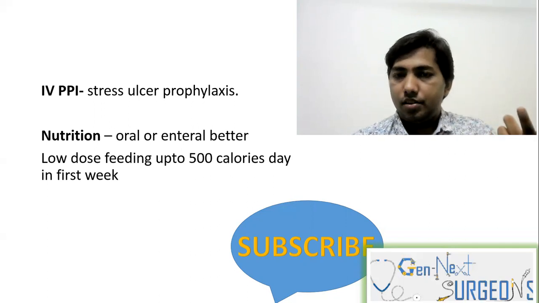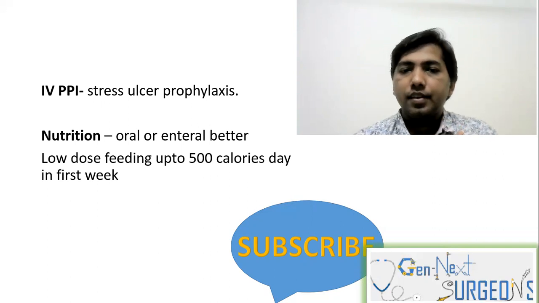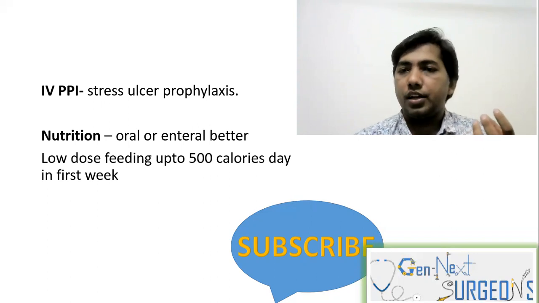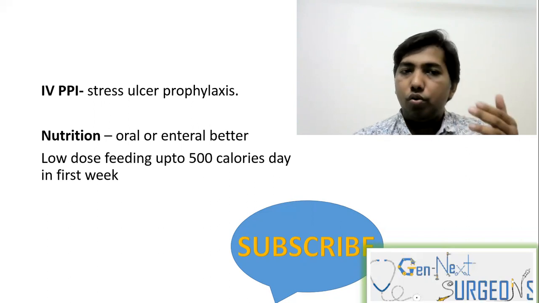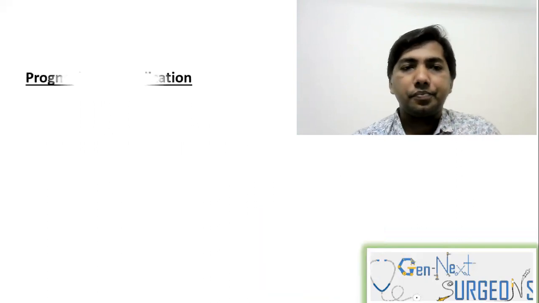Oral or enteral therapy is better than parenteral therapy. And initially, you need not give that much fluid or calories. Low dose feeding up to 500 calories per day in the first week is advised, as stated in the guideline.